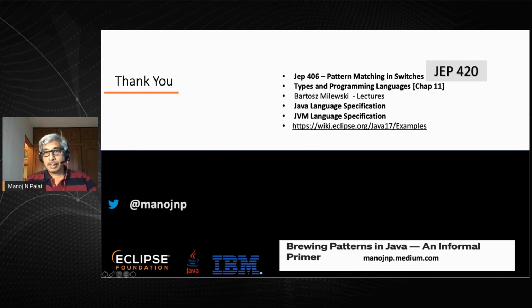One question I have is, does sealed force implementing classes to be final? What happens when I try and extend the class implementing the sealed interface? I think it's asked by Vincent. So the answer is, it doesn't force you to be final, but either it has to be final, or a sealed class, or a non-sealed class.